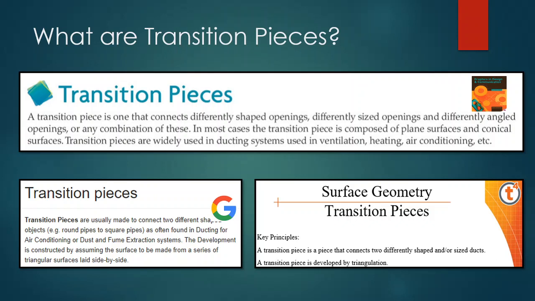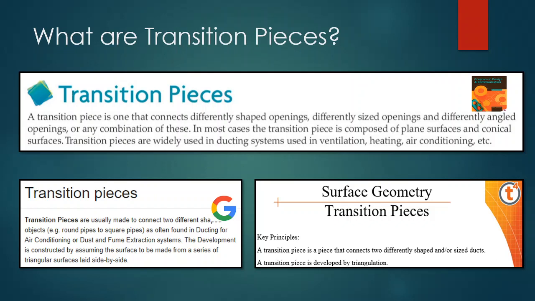A transition piece is developed by triangulation. So we see here different shape and size openings, like squares to rectangles and rectangles to circles and so on. And it also mentions triangulation, which is going to be mentioned and explained throughout my portfolio.